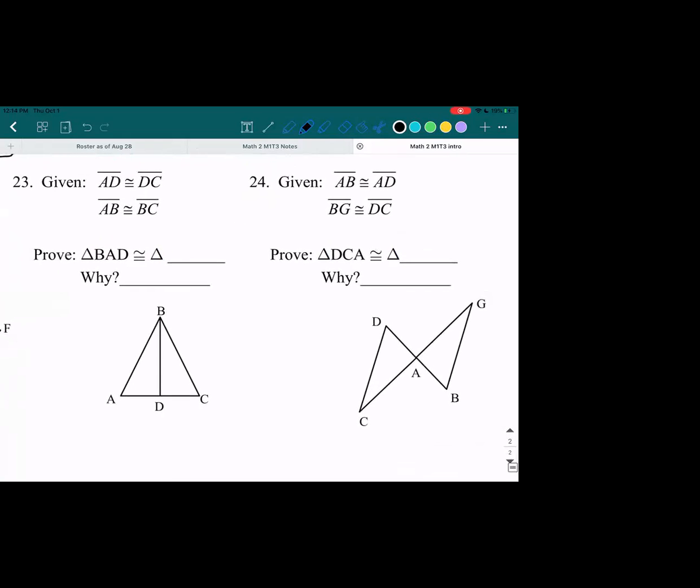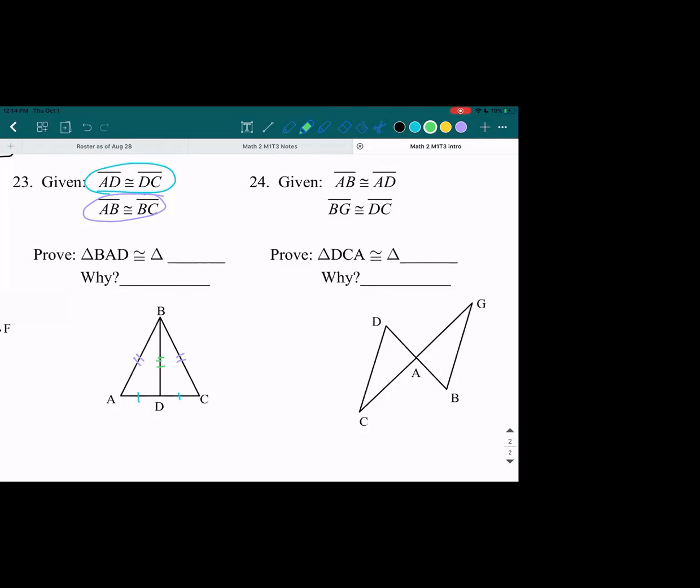Okay, so we have AD is congruent to DC. So I mark those in. We have AB is congruent to BC. So I mark those in. And that's all they give us. However, I want you to also note that this one is implied that BD is itself.